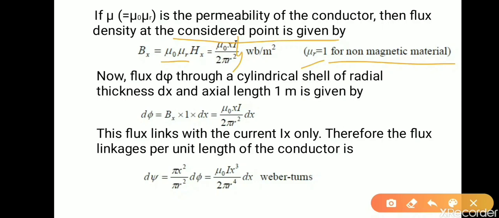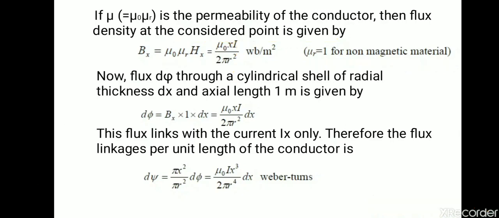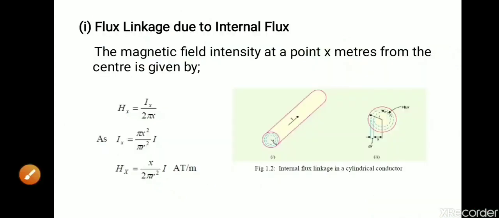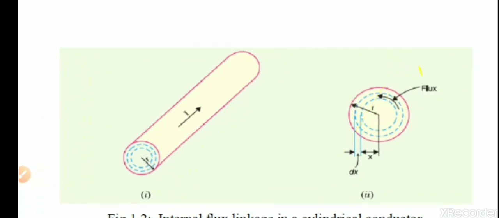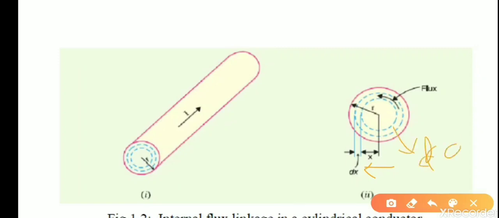Now the flux dφ through a cylindrical cell of radial thickness dx and axial length 1 meter is given by, in this figure, if I zoom it so that I can show you, at a distance of x from the center of the conductor, that is dx, a flux will develop in the closed concentric circle, that will be dφ.